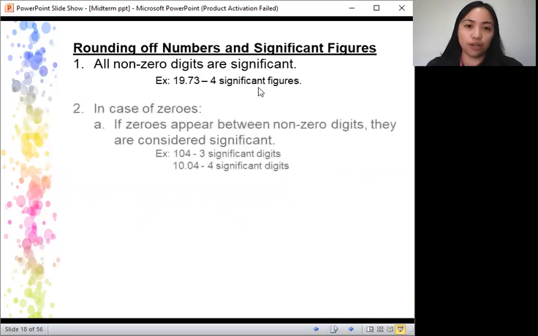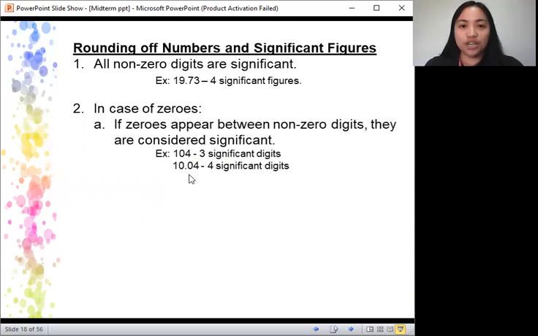Number two, in the case of zero, if zero appears between non-zero digits, it is considered significant. For example, 104, the zero is between non-zero digits, so it is significant. So this 104 has three significant digits.